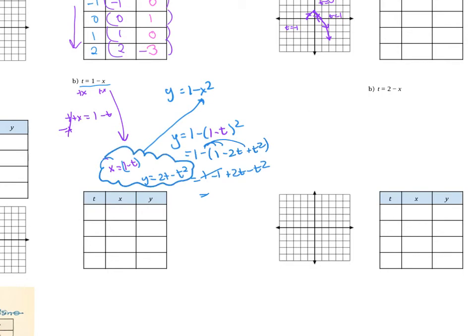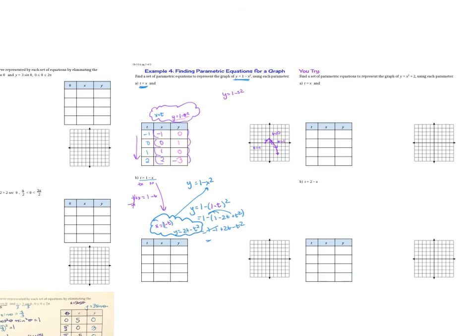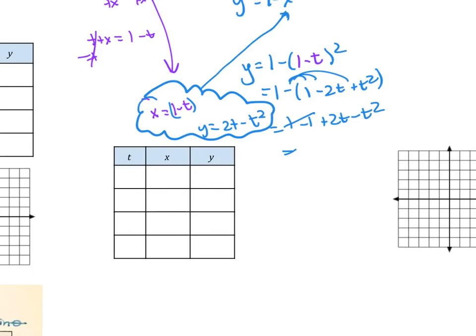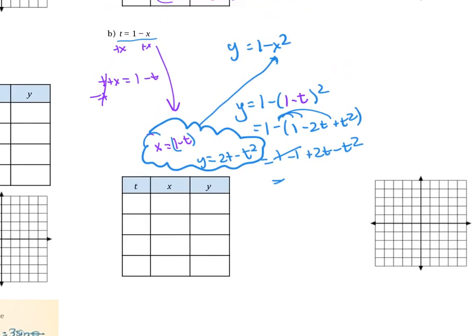In the homework, that's all it's going to ask for, finding the parametric equations. That is just one set of problems. You don't have to graph, but I do want to practice graphing so we get used to that. Again, let's choose -1, 0, 1, and 2, and plug in our t's to get our x values.